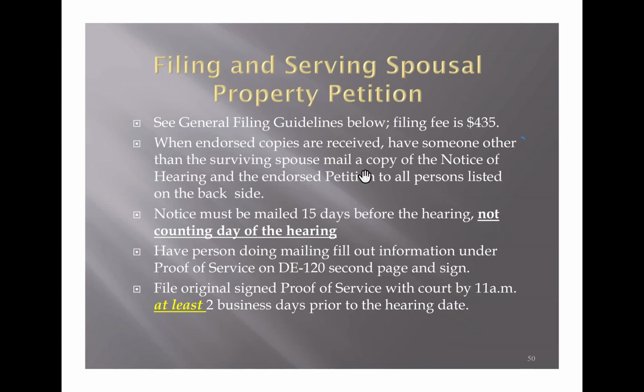You have to have somebody other than the surviving spouse mail the copy of the notice of hearing to all the persons who were listed. The notice has to be mailed. This is true of all notices of hearing. 15 days before the hearing is the minimum, not counting the day of the hearing.